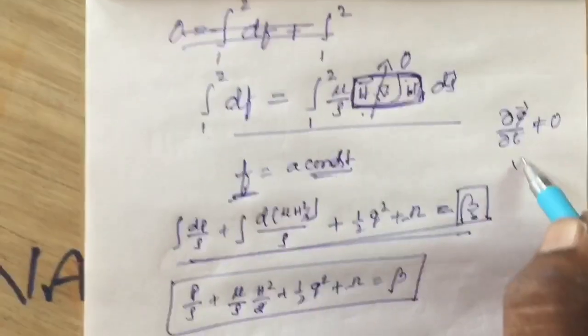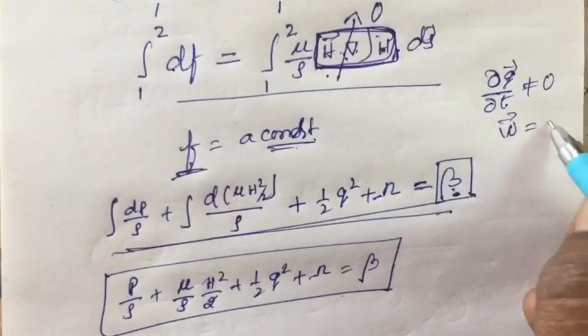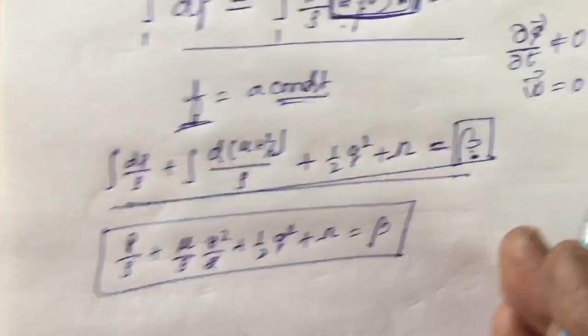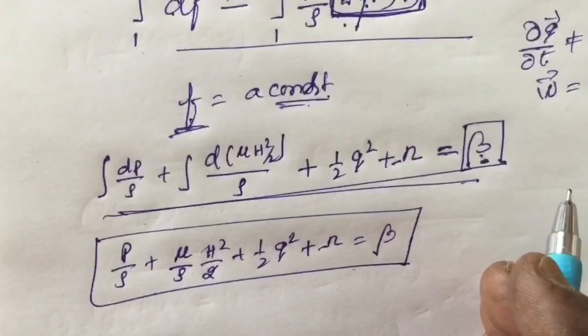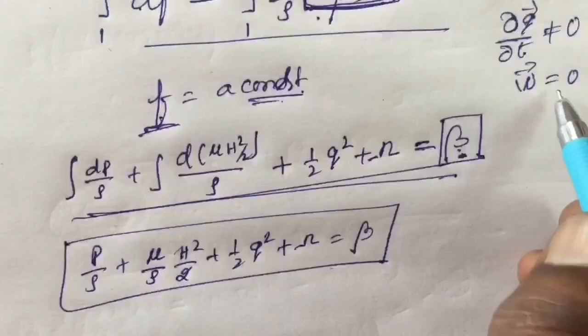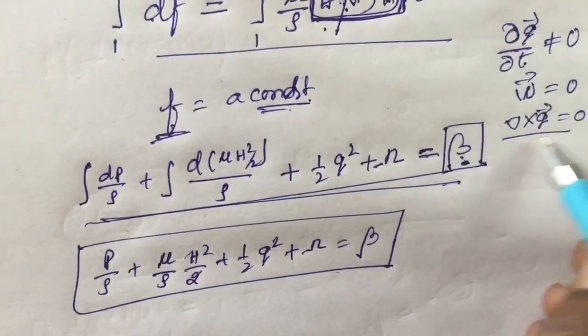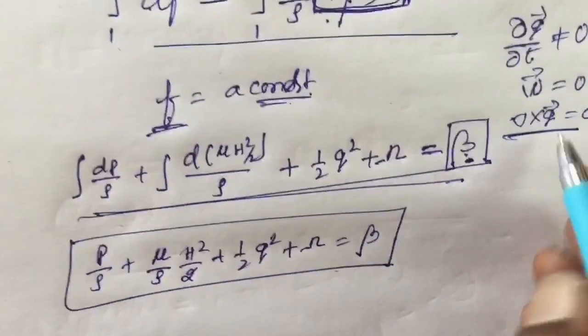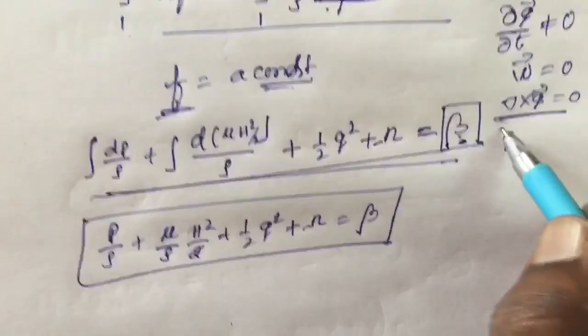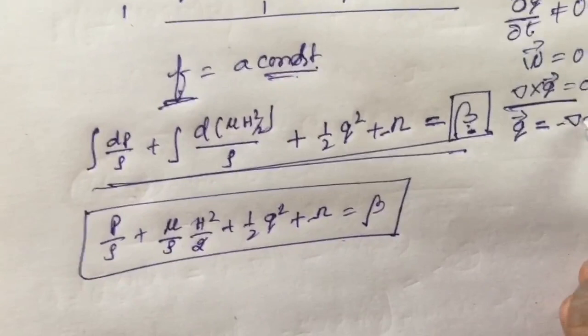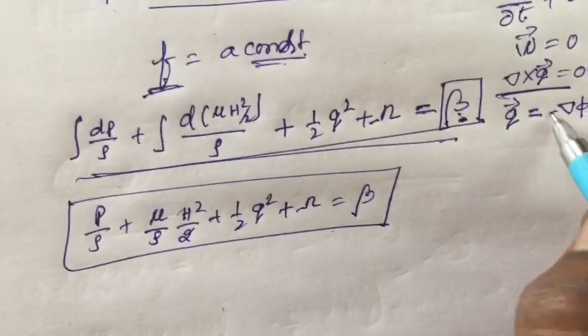But irrotational means the vorticity vector omega is equal to 0, which means del cross q is equal to 0. Once del cross q is equal to 0, you can express velocity as the gradient of some velocity potential phi.